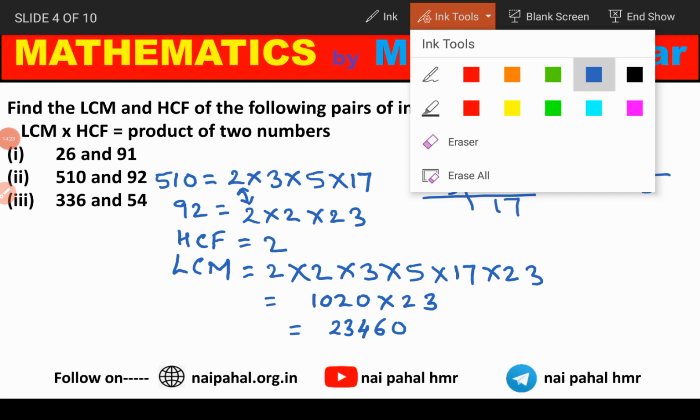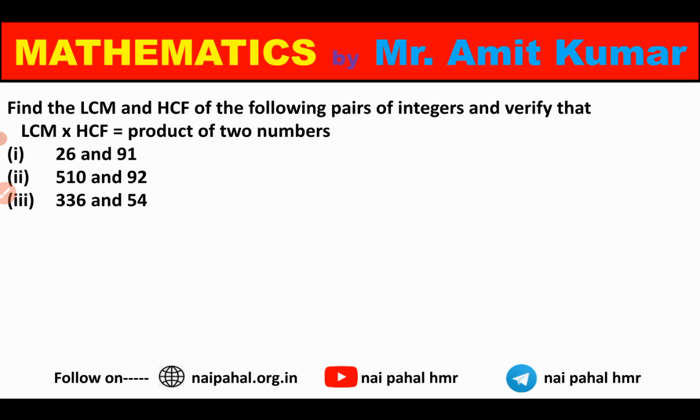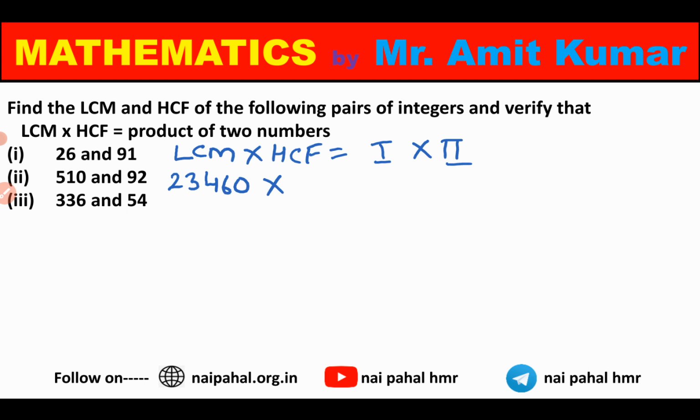Let's erase this to get very clear. Now note down the property by which we were going to solve. LCM multiplied by HCF is equal to first number multiplied by second number. What was the LCM? 23,460 multiplied by what is HCF?